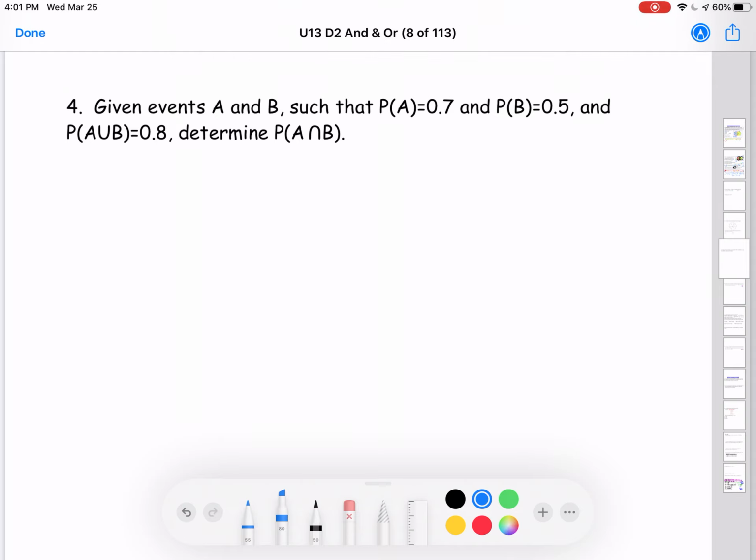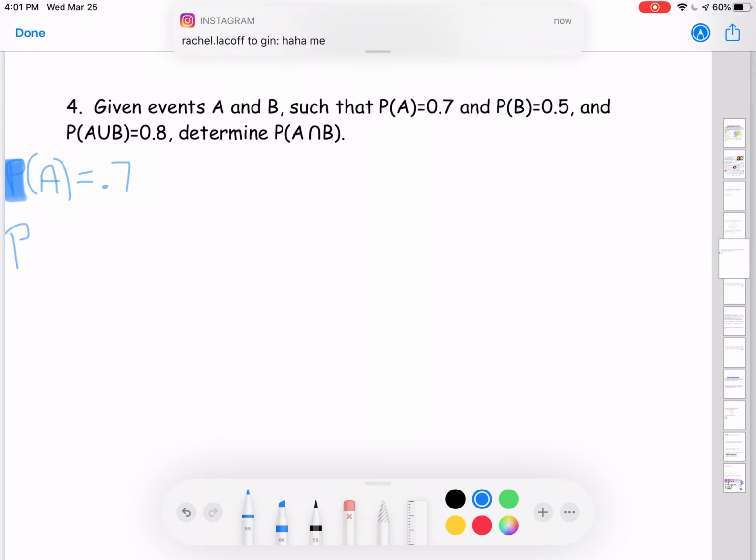All right, so it says, given events A and B such that the probability of A, I like to take the information out on the side with the big marker. So the probability of A is equal to 0.7. The probability of B is equal to 0.5.